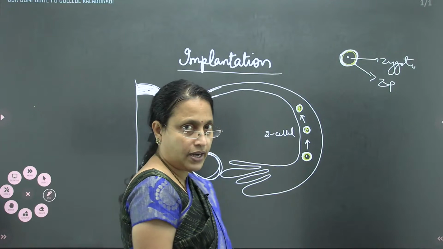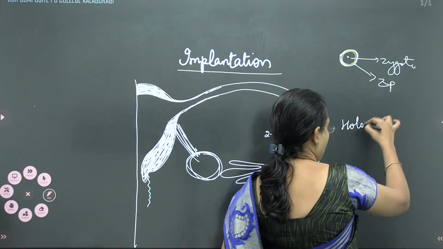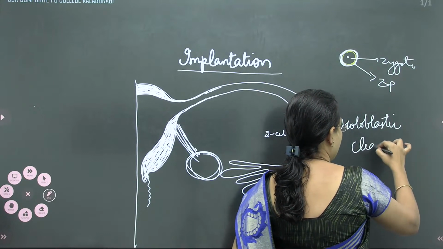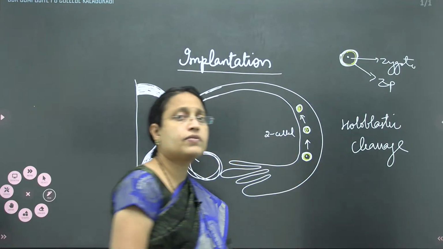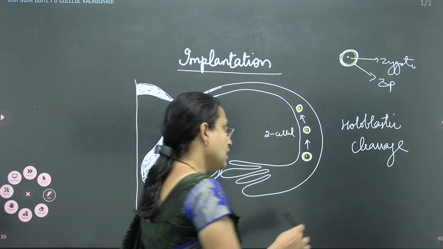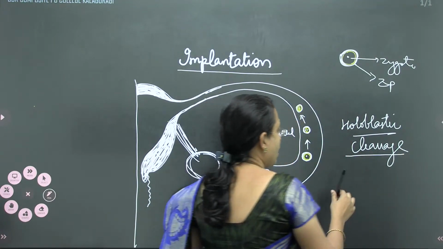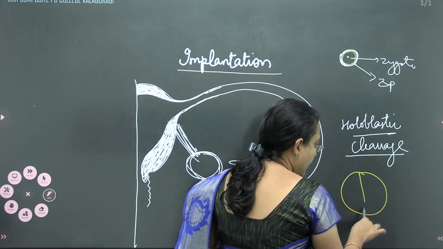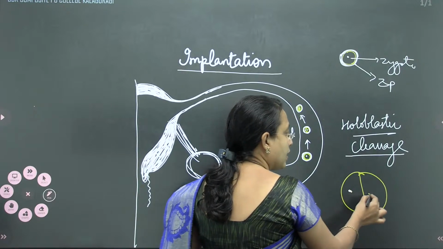Now when this cell divides, what kind of division is it? The division here is a holoblastic cleavage. The type of division that occurs in humans is holoblastic, in the first division and also in the second division. So what is holoblastic cleavage? One cell divides completely.